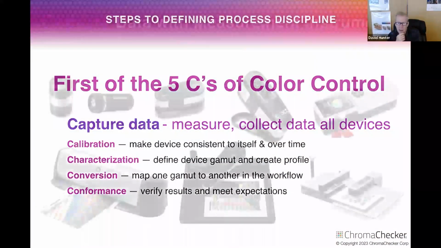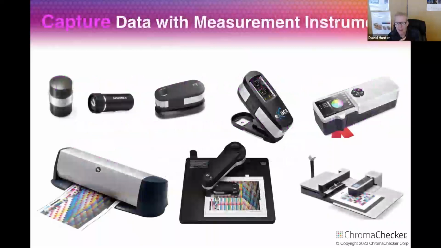So again, it's all about collecting data, and there's numerous measurement devices on the market that measure color. They all measure color a little differently, some more differently than others. But how do you know this unless you actually capture the same data with different instruments to define what the difference is between the instruments? Because so oftentimes companies will mix and match instruments.